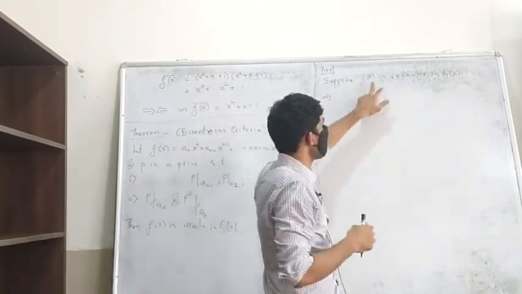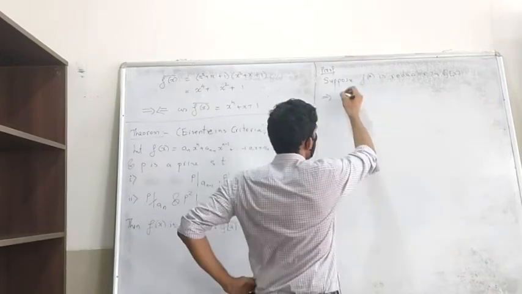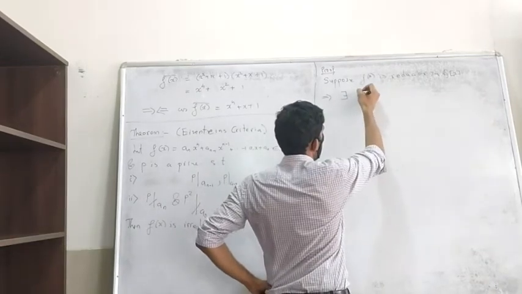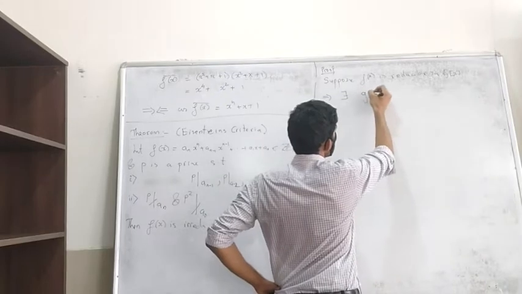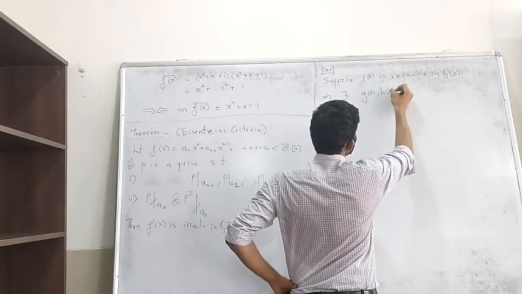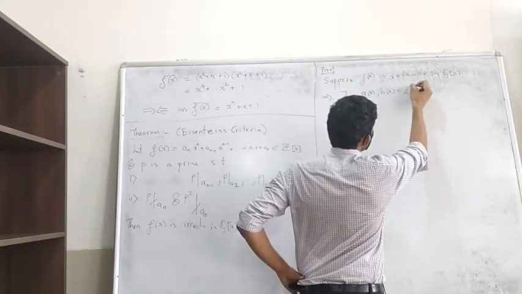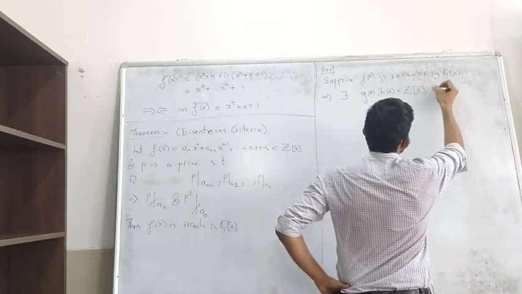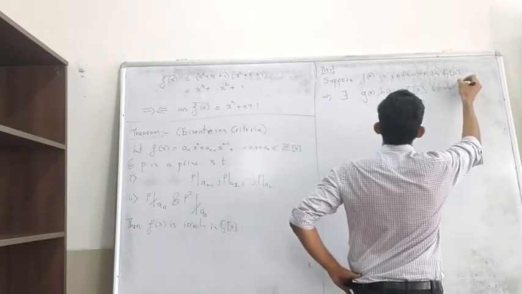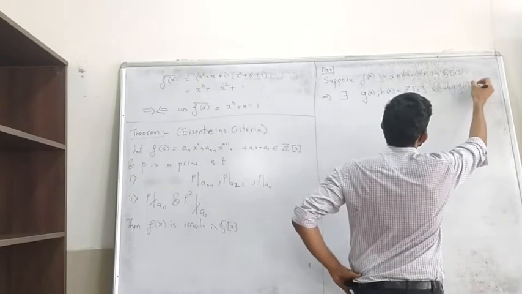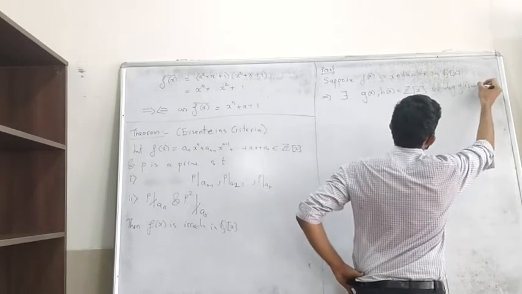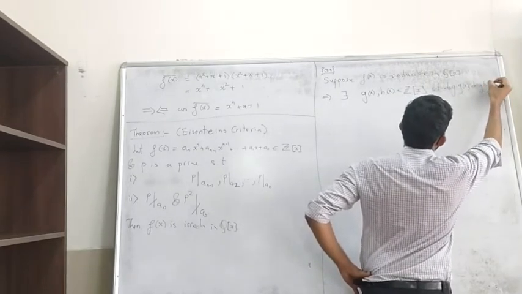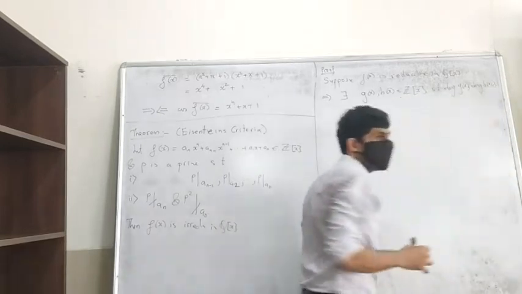Okay. So this will mean that you can find g of x and h of x in Z x such that the degrees of these g of x and h of x are greater than or equal to 1.